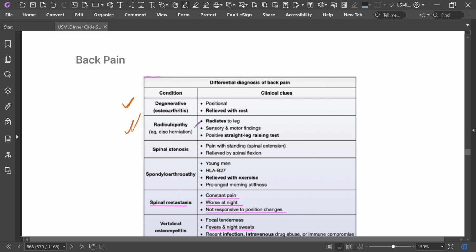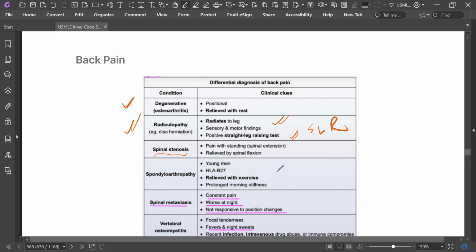Radiculopathy radiates to the leg, with sensory or motor findings and a positive SLR. Degenerative pain relieves with rest. Spinal stenosis: shopping cart sign, relieved with forward flexion, relief with spinal flexion.